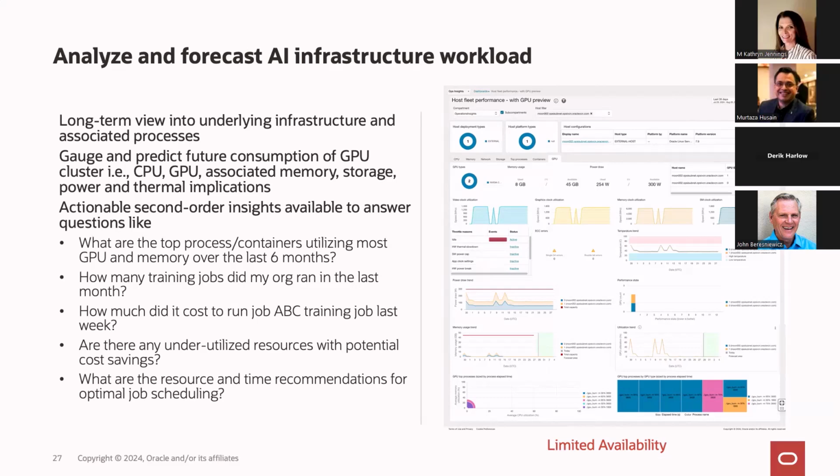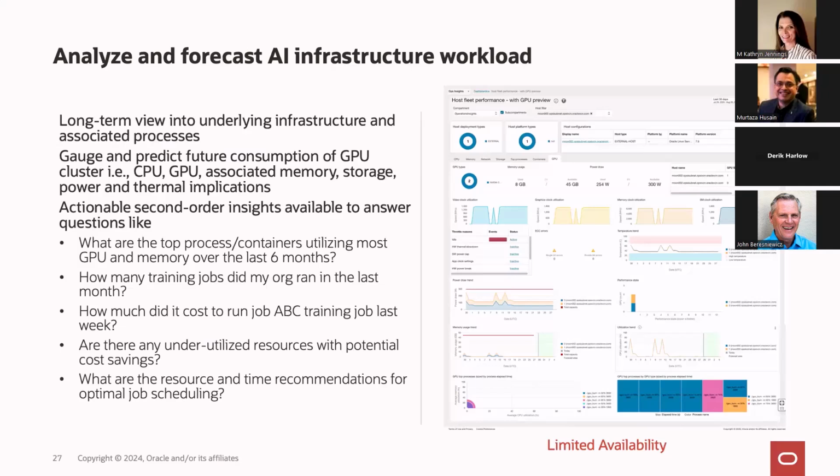At a high level, we are giving a long-term view of the GPU and the underlying infrastructure surrounding the GPU, right? Such as looking at the CPU, GPU, associated memory, storage, and some of the power and thermal implications provided in the longer-term view.